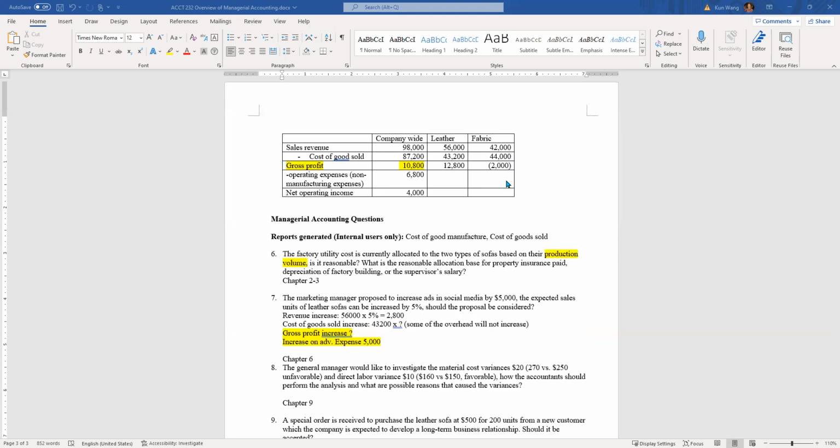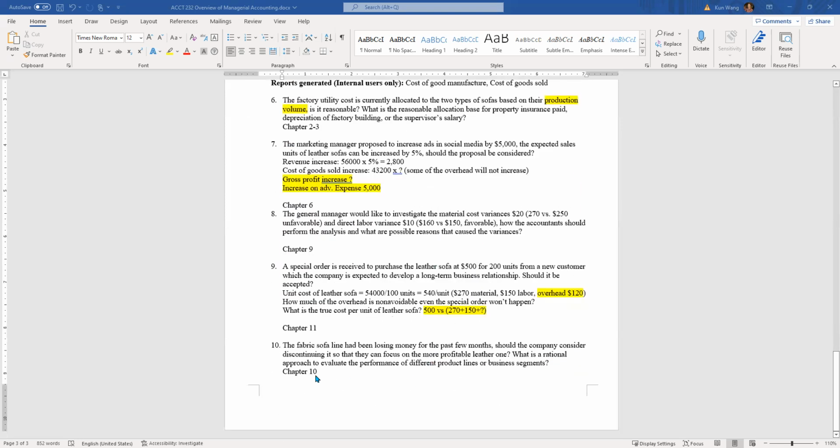So those are all other concerns besides this simple $2,000 loss. And how can the managers make the right decision? You need to play around with different scenarios. How about if I reduce the material cost and the labor cost, or increase revenue? So we play around, and we call this scenario analysis. That's a big combination we discuss in chapter 10 for performance evaluations and scenario analysis.